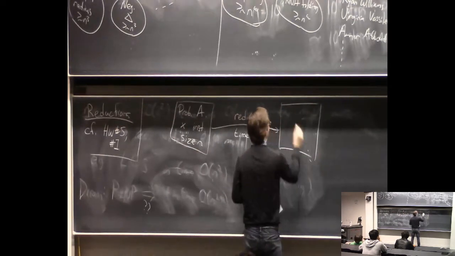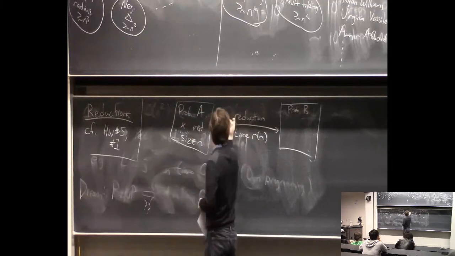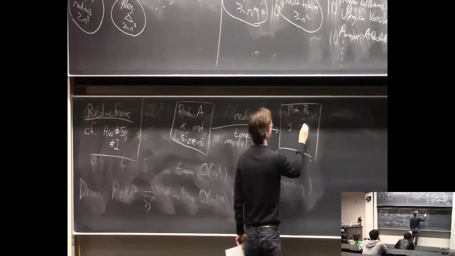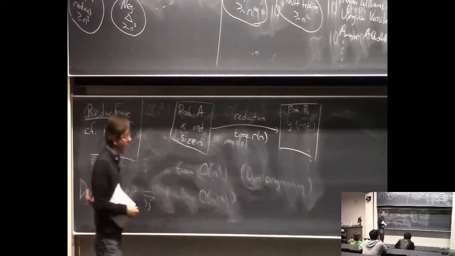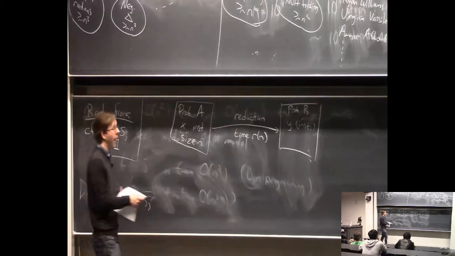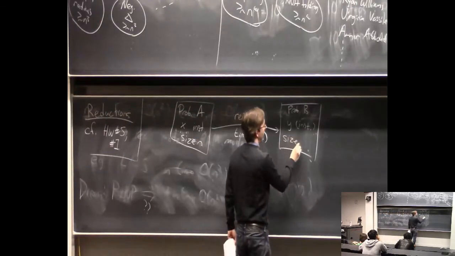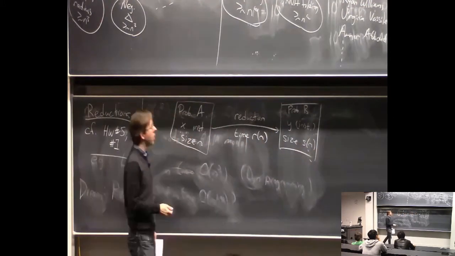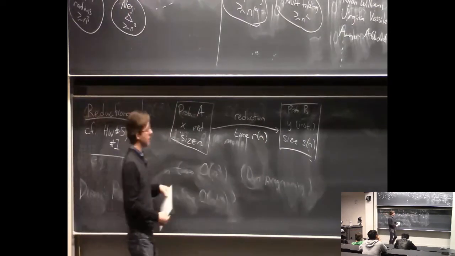So if you're reducing problem A to problem B, then this algorithm should map any instance x to an instance y over here. And we have to worry about the size, the number of bits, in y. This is typically a function of n, and this is actually typically the more important part of the reduction: how much bigger the instance y is than the instance x.